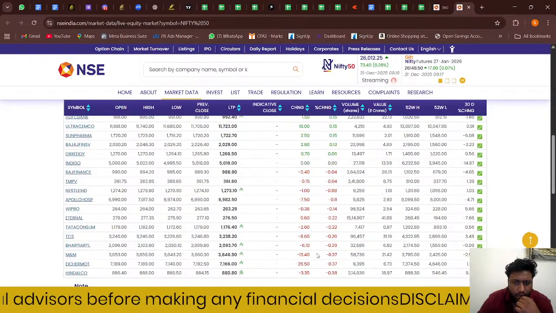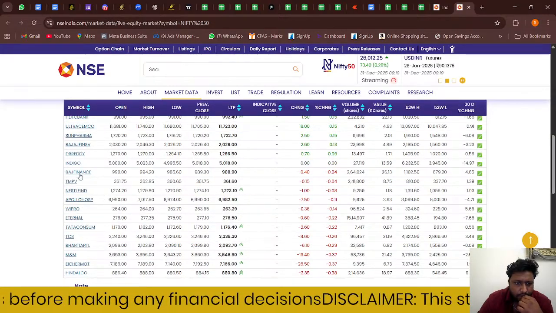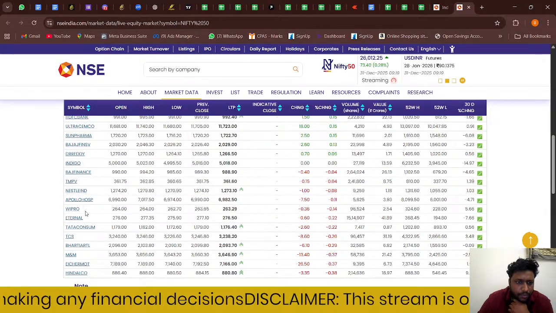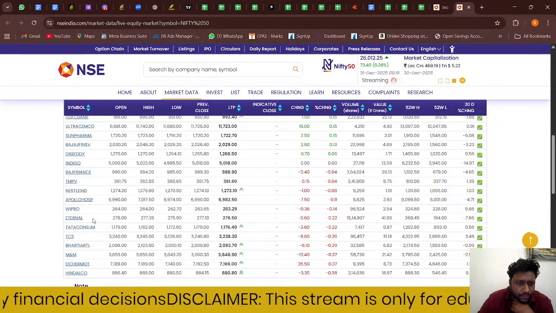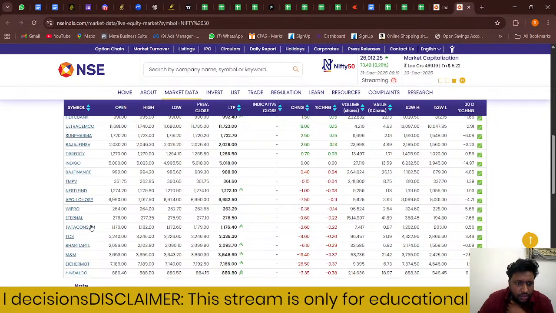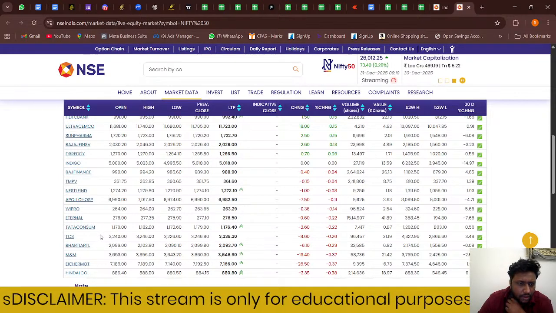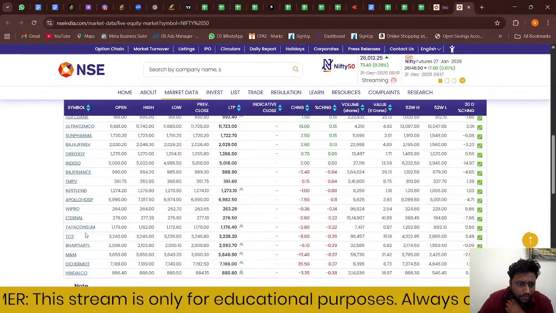On the losing side, we see Bajaj, Apollo, and Zomato, which also fell yesterday.